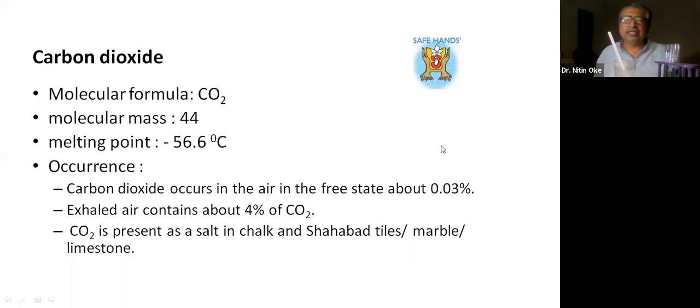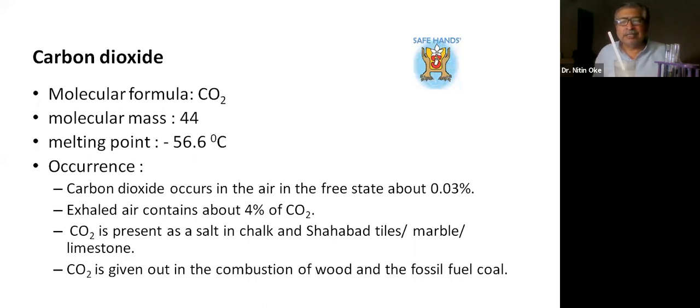All these contain carbon dioxide. Carbon dioxide is given out in the combustion of wood and the fossil fuel coal. Actually, every fossil fuel while burning will be giving carbon dioxide. So these are the occurrences of carbon dioxide.